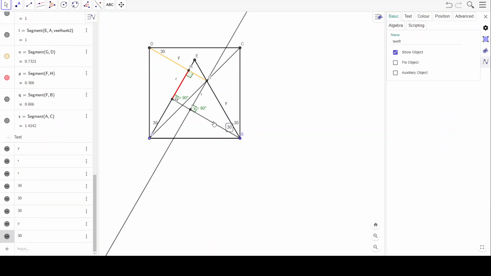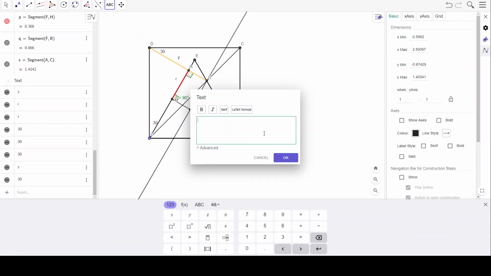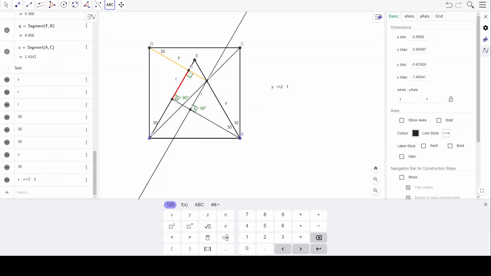So this BYG is a 30, 60, 90 triangle, and it is very well known that the hypotenuse of such a triangle is exactly 2 times the short side. So what we have, and that's also our answer, is that Y in proportion to R equals 2 to 1. And that's the answer of this puzzle.